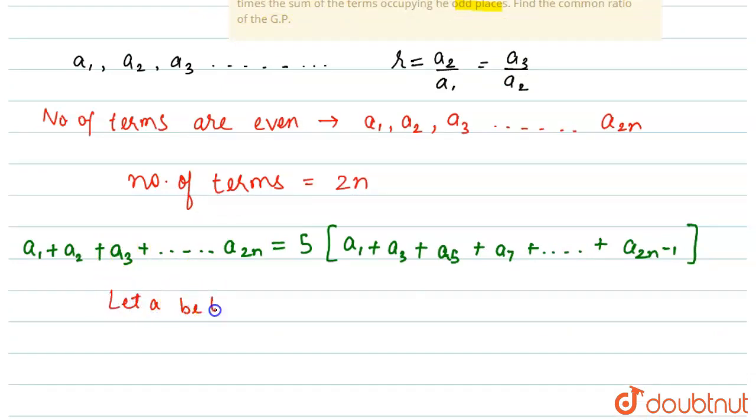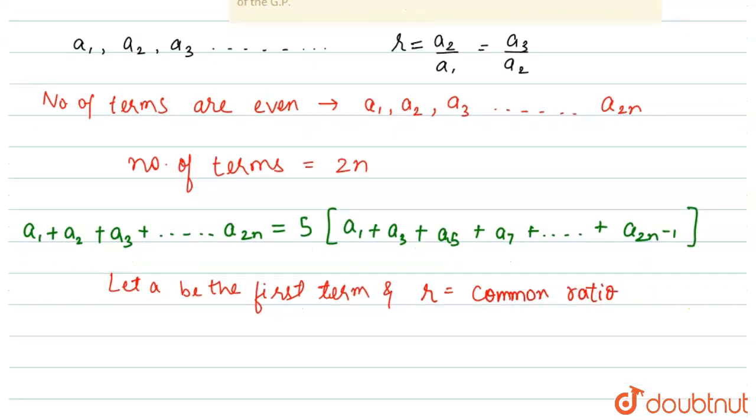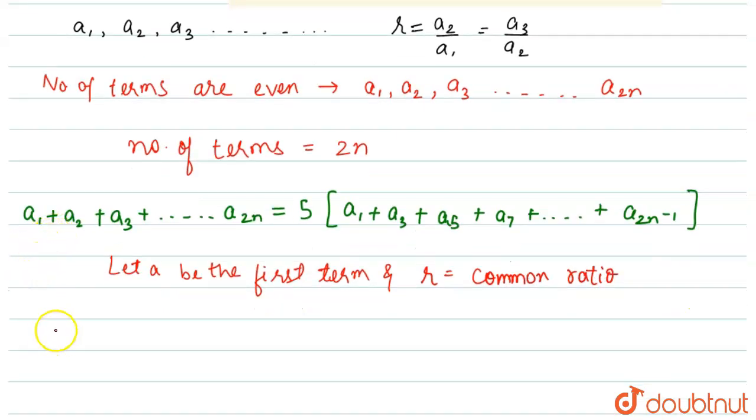Now, let A be the first term and R the common ratio. So we can write A1 as A, A2 is AR, A3 is AR square, and so on.